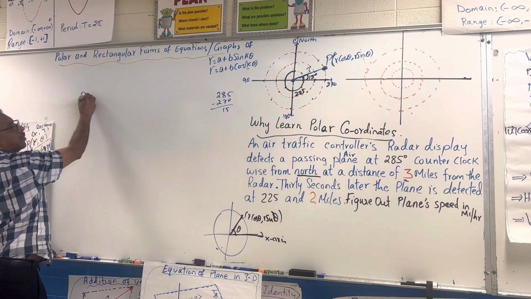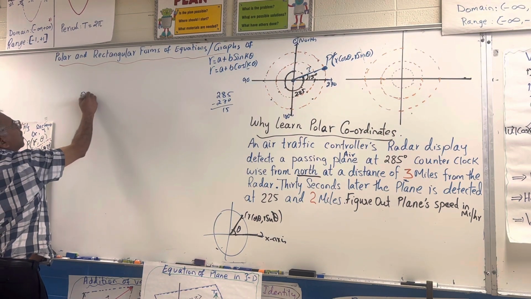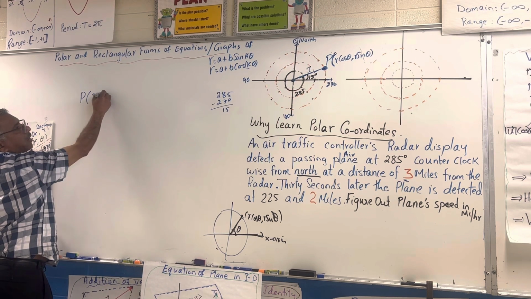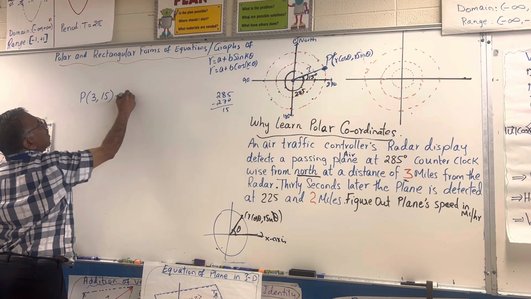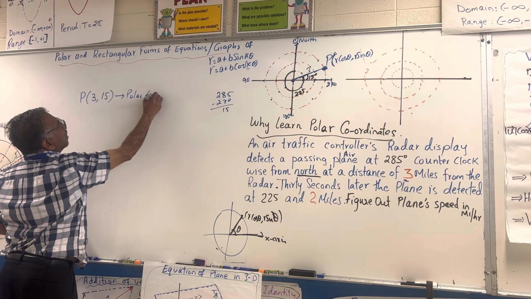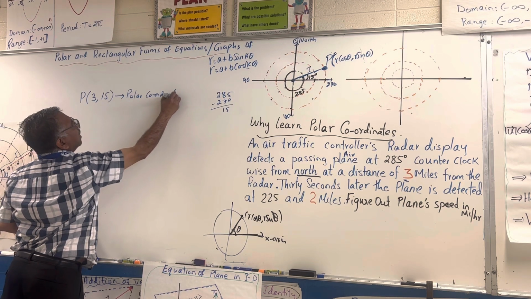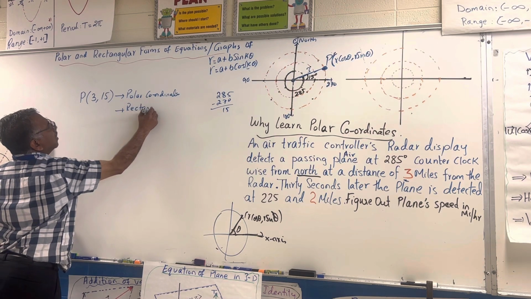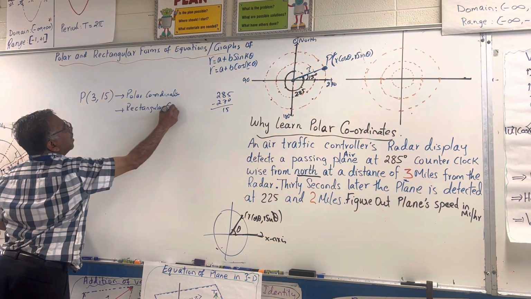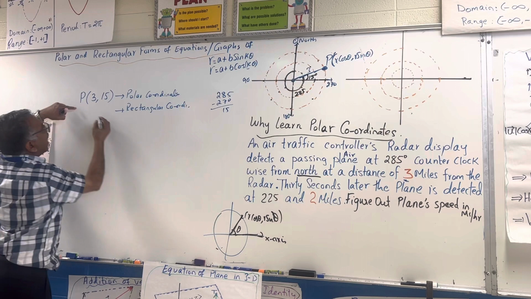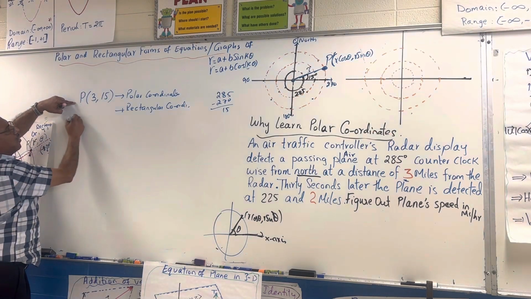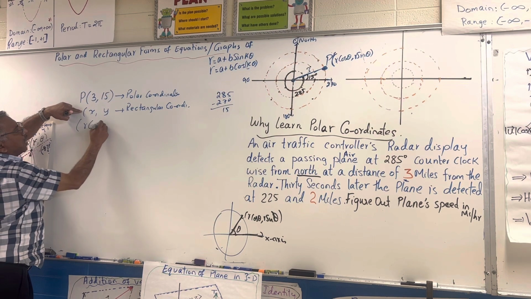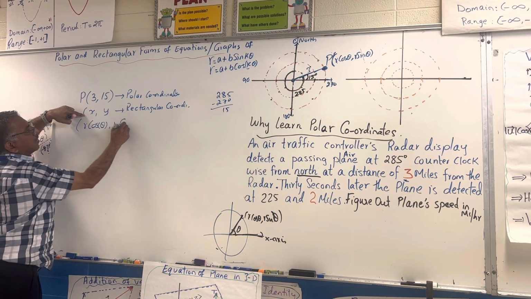So when you write P as 3 and the angle is 15 degrees, these are polar coordinates, but I want to get rectangular coordinates. That means I want to know what is x and y, which is r cosine theta, r sine theta.